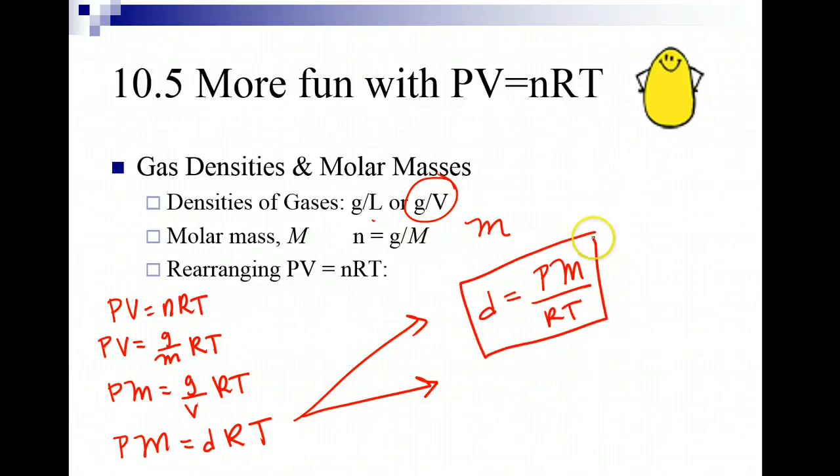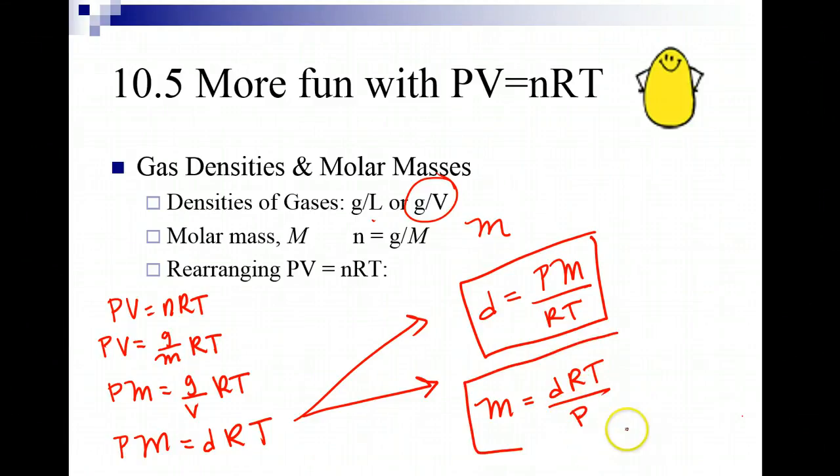That's one of the main applications of PV=nRT. The other one would be to have it solved for molar mass. If you isolate that in the equation, you would just have to divide by pressure. So it'd be density times RT over pressure. And we'll see one example with these equations.